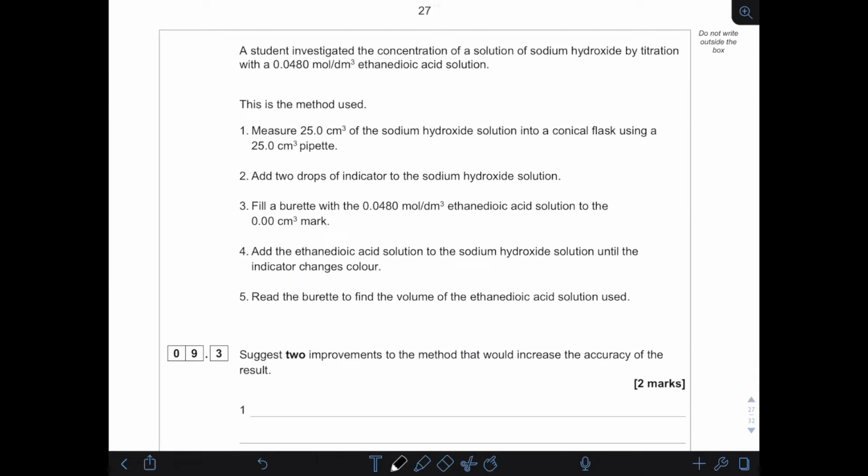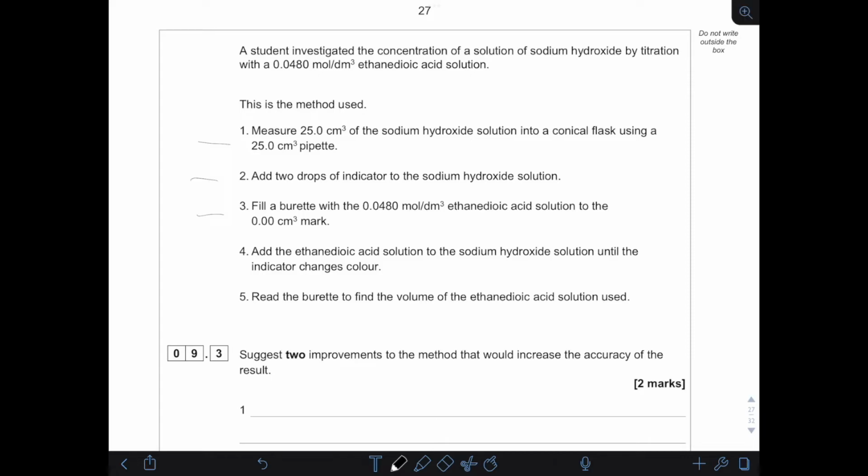The student investigated the concentration of sodium hydroxide by titration with ethanedioic acid. Oh wait, this is a bit harsh. But anyway, measure the sodium hydroxide using a pipette, that's fine. Add 2 drops of indicator, that's fine.